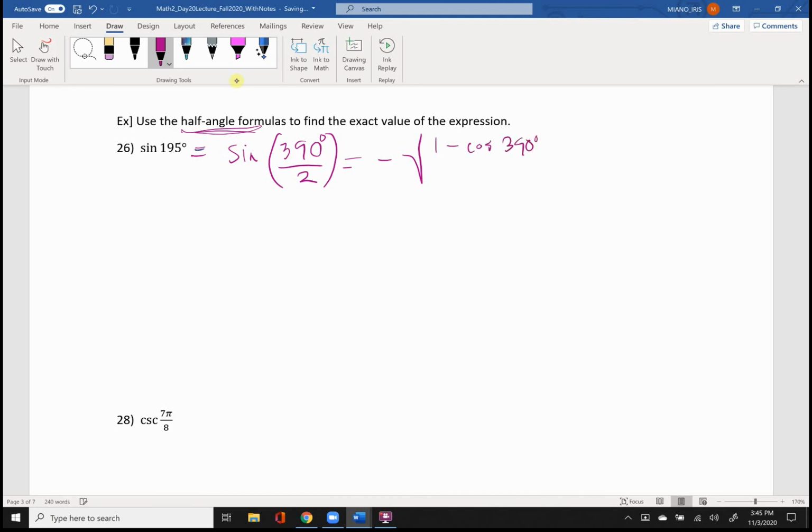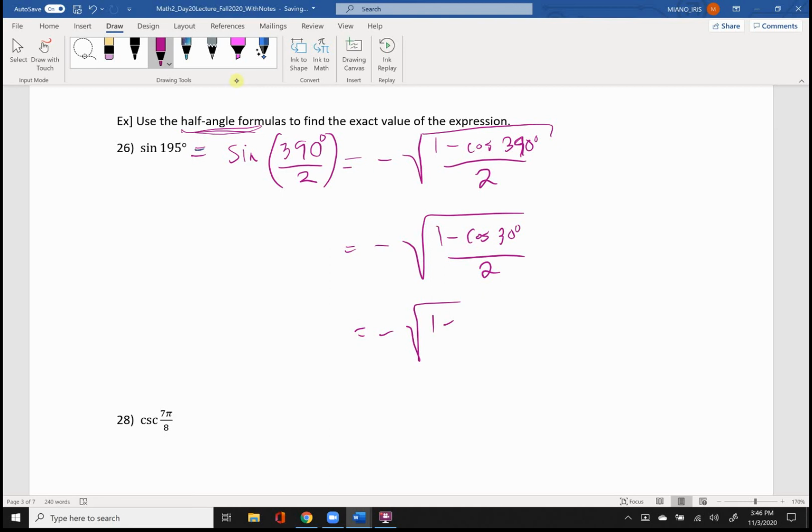Now 390 degrees is more than 360 degrees, so we're going to make an adjustment there and ask how much more than 360 degrees that is, because that'll be the equivalent end location. So 390 degrees is 30 degrees more than 360 degrees, so it's actually the same as the cosine of 30 degrees.